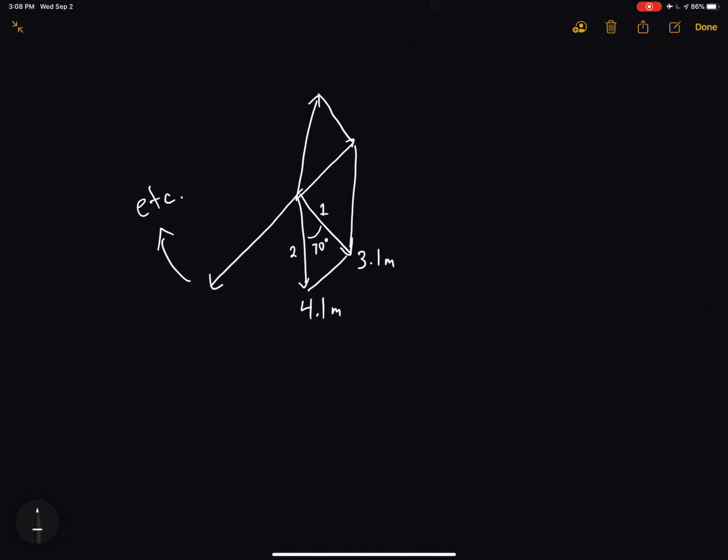Now, it gets down to trigonometry. And with trigonometry, we can get into the area very simply, using the side angle side formula. Okay?